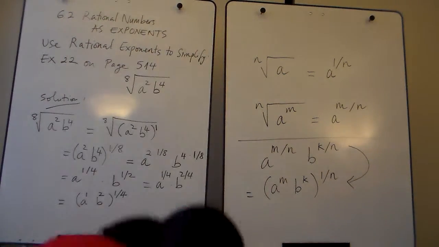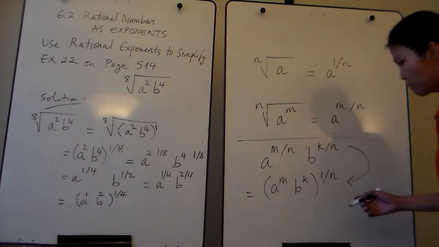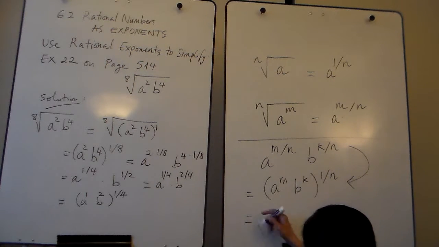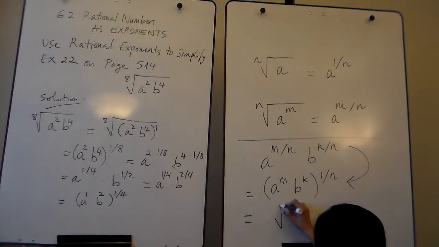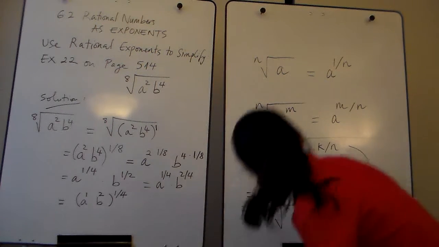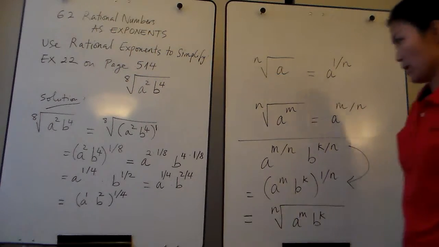So we're almost there. Now, the reason we want to go from here to here is that if you go one more step, you can rewrite this and convert it to the radical form, which is the nth root of a to the m times b to the k. And this 1 divided by n will become the n root. So from here to here, we will have the radical form.